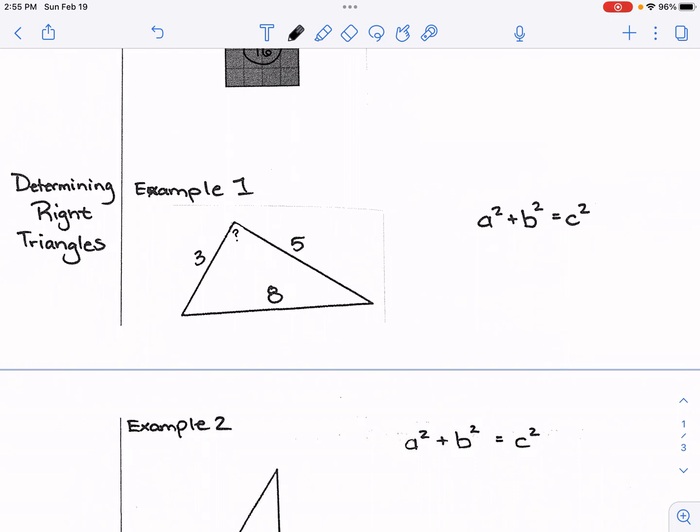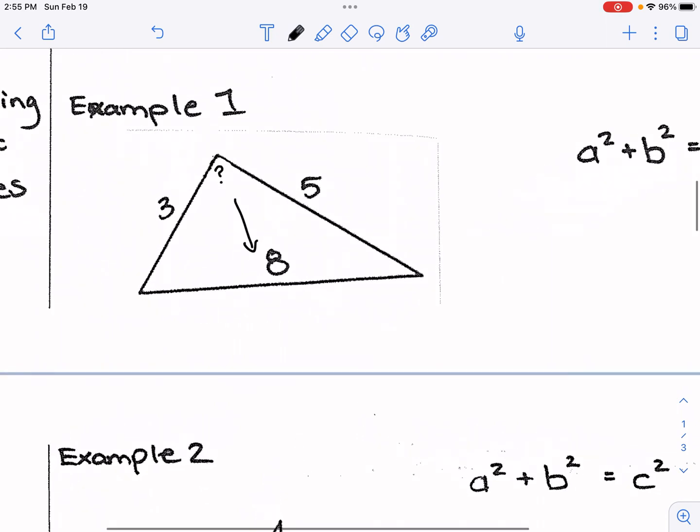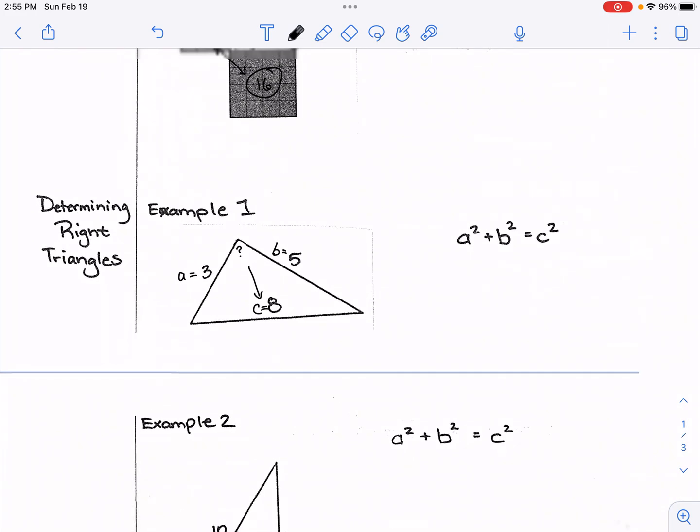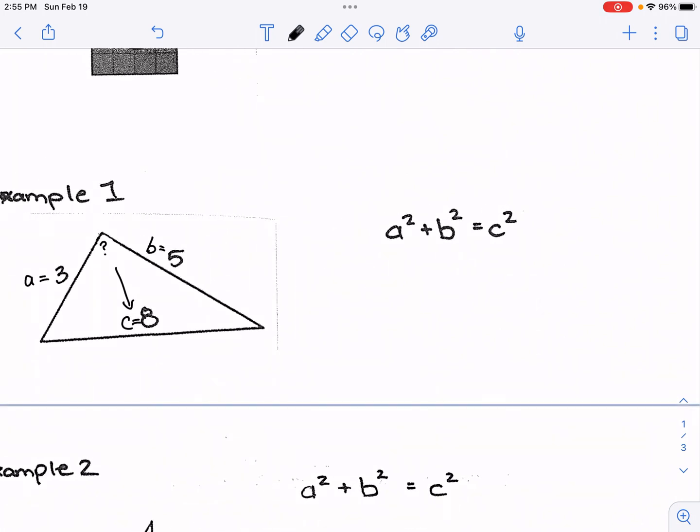So we have to figure out in the formula what's a, b, and c. We know that the side opposite that supposed right angle is going to be c. So we're going to put 8 is c. For 3 and 5, we did say earlier how we can interchange them. So we're going to say a is 3, b is 5. But it could be b is 3 and a is 5. But c has to be 8. So let's plug this into this formula. 3 squared plus 5 squared is equal to 8 squared.